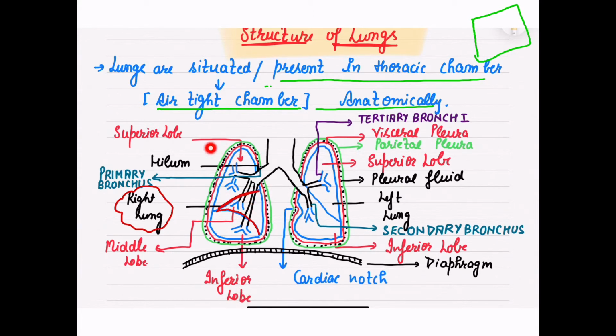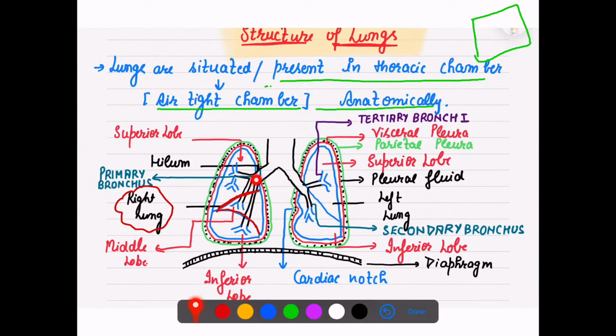So in the right lung we have 3 lobes: the upper one, the superior lobe, then the middle lobe, and the inferior lobe. The left lung has 2 lobes: the upper one is superior and the lower one is the inferior lobe.